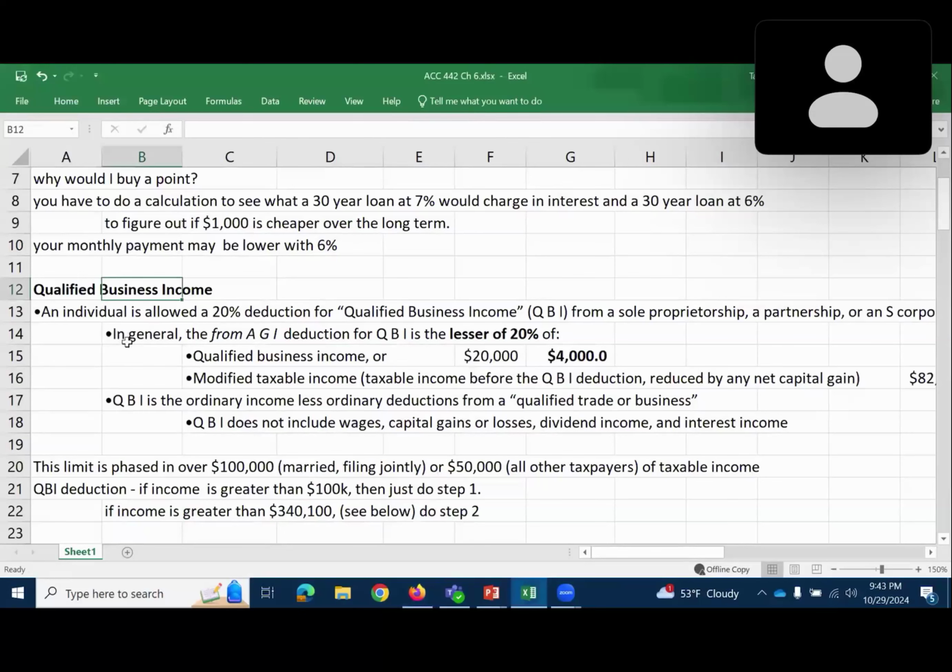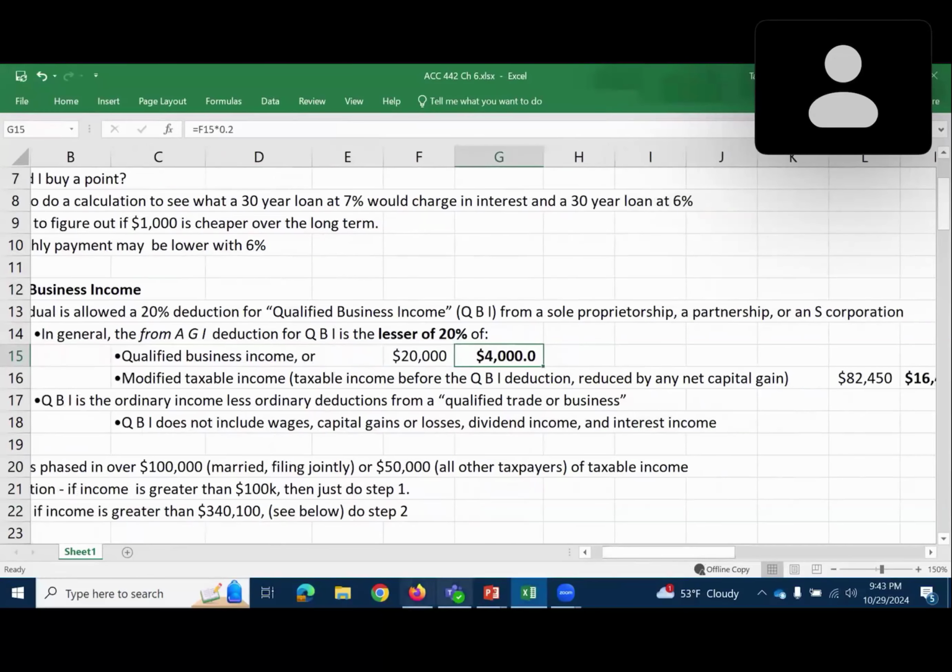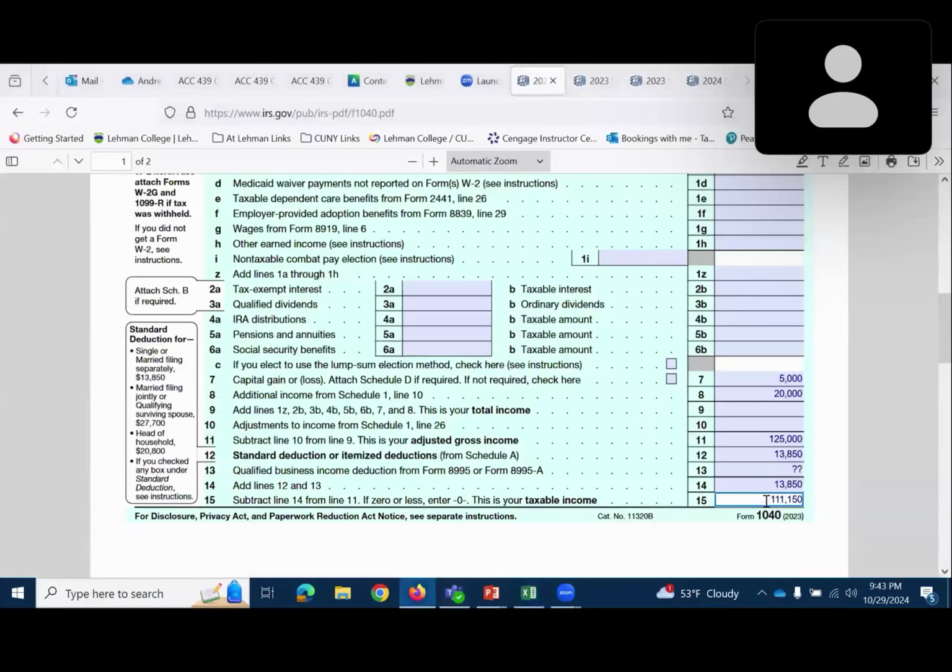In general, the lesser of. So I'm going to say my qualified business income is $20,000. 20% of $20,000 is $4,000. I made up the number. And my taxable income, let's change it here, it's $111,150.